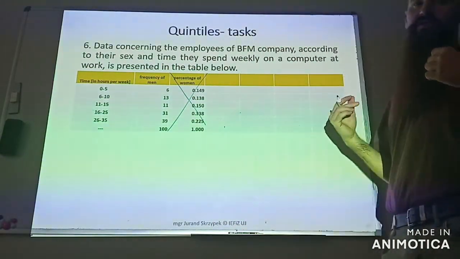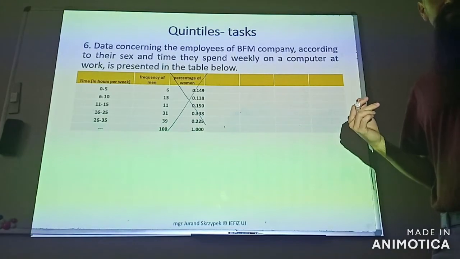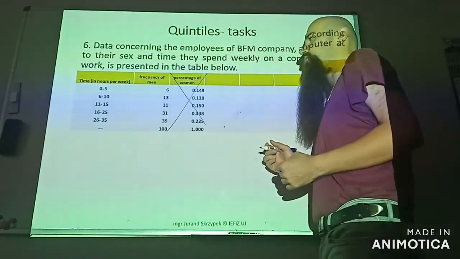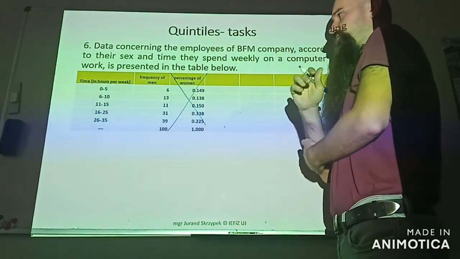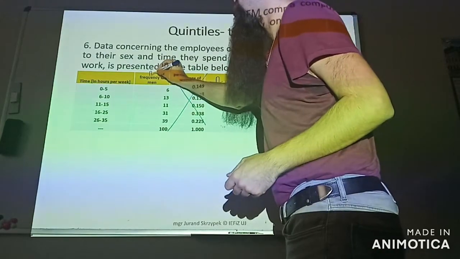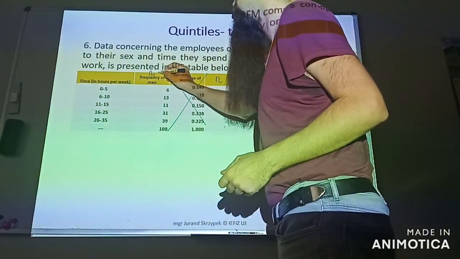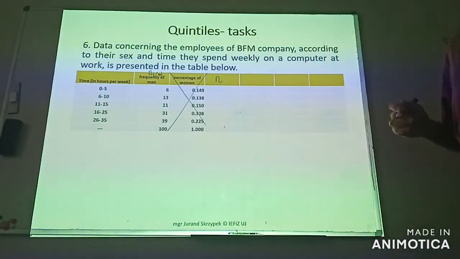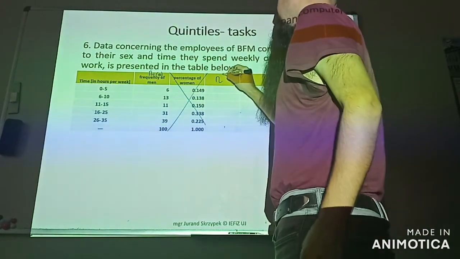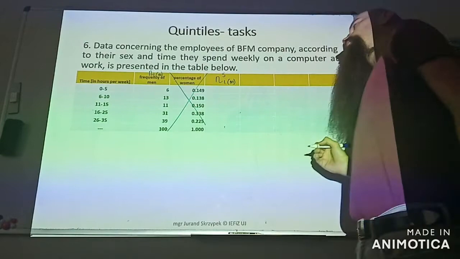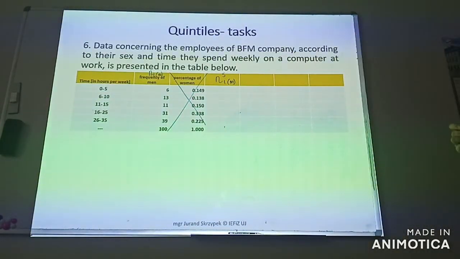We need cumulative frequencies. The column of cumulative frequencies is necessary here. Maybe here we have n_i, subscript M means men. Here we have n_i^s with M subscript, cumulative frequencies.